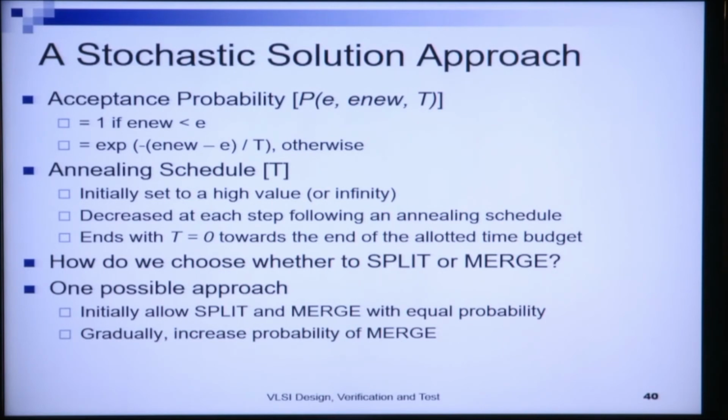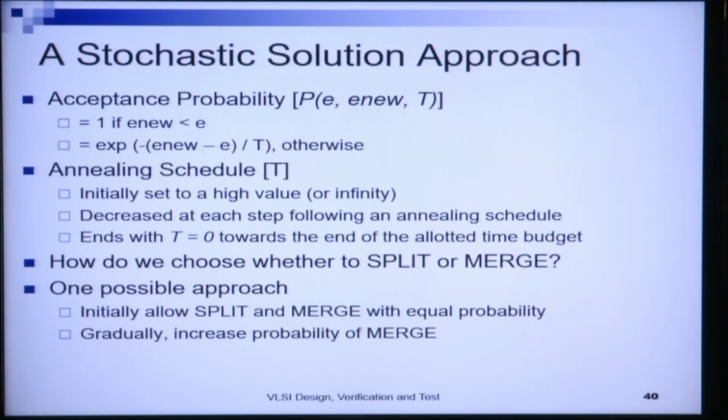So 1 by e to the power E new minus E by T, this value will be higher when T is very high. So when T is very high, what happens? When T is very high, then e to the power this value becomes very low, so 1 by e to the power this value becomes comparatively higher.